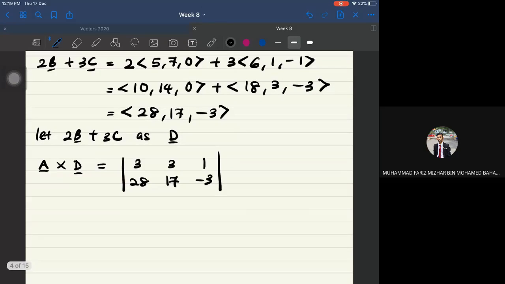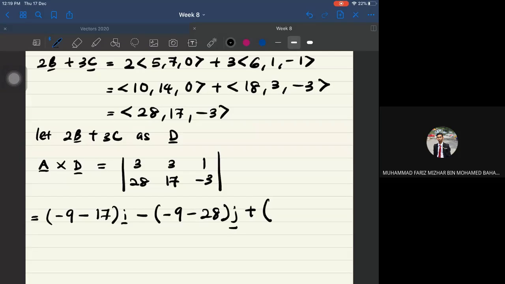For the first component, we cover the first column so that you will have negative 9 minus 70, and for the second one, we delete the second column so that you will have negative 9 minus 28 j.